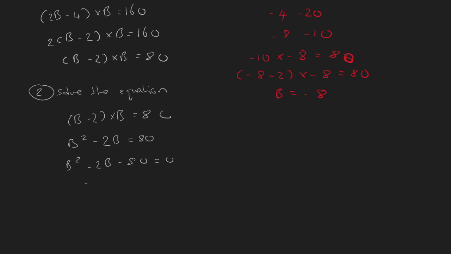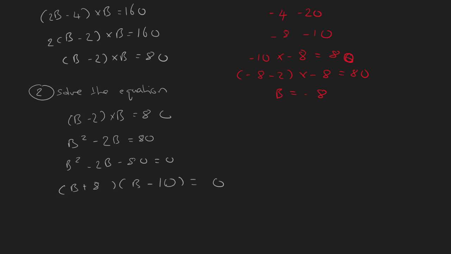And here we have a quadratic equation. So we have (B)(B) equals 0, and you want to find two numbers that multiply to get you minus 80 and add together to give you minus 2. Very similar to what we've done here. You have plus 8 and minus 10.